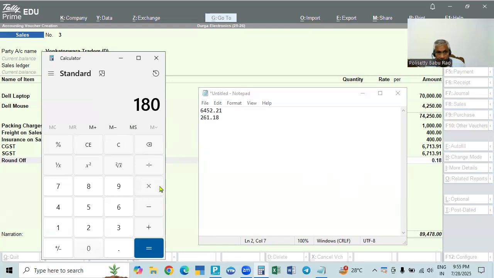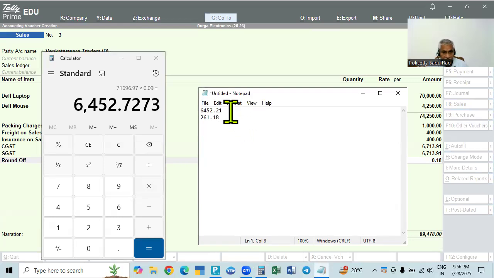So here 1,800 divided by 74,250 into 70,000, this is 1,696.97. 1,696.97 plus 70,000 will be 71,696.97, into 9% will be 6,452.73.